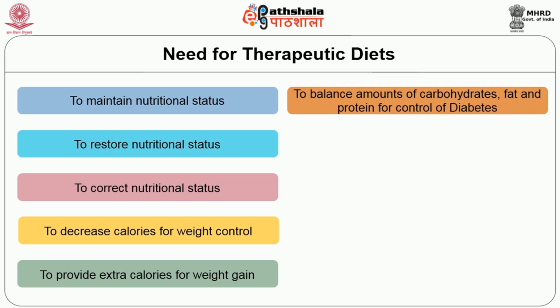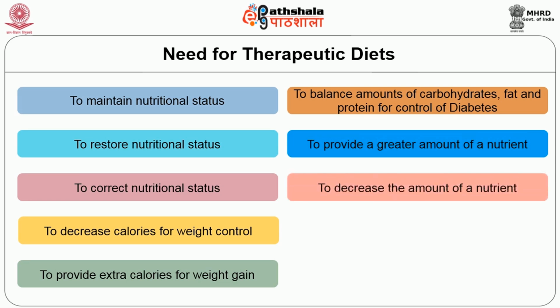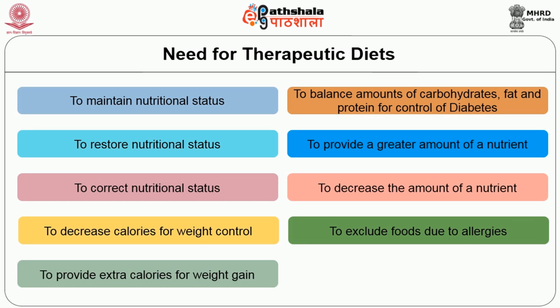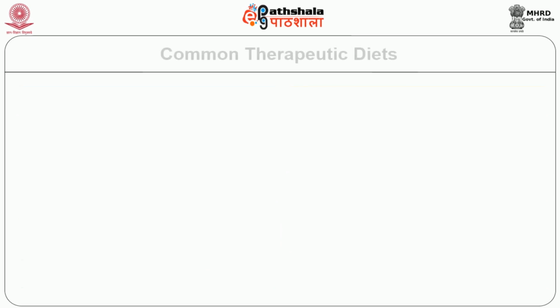They balance the amount of carbohydrates, fats and proteins for control of conditions such as diabetes, provide a greater amount of nutrients such as protein, decrease the amount of a particular nutrient such as sodium, exclude foods during conditions such as allergies and intolerance, and provide textural modifications due to problems in chewing and swallowing. So, these are the different conditions where we usually think of a therapeutic diet.